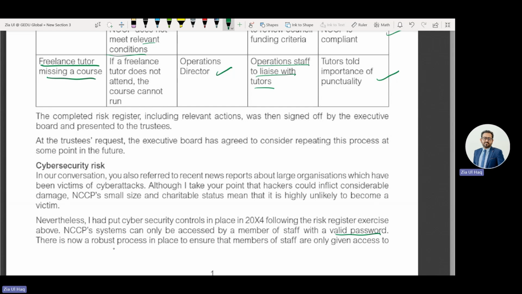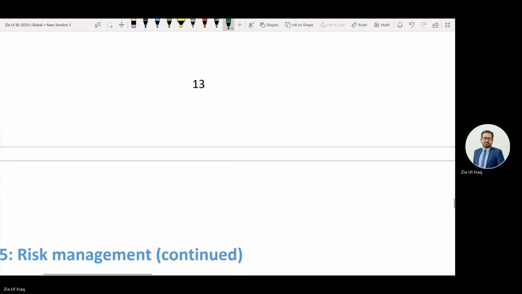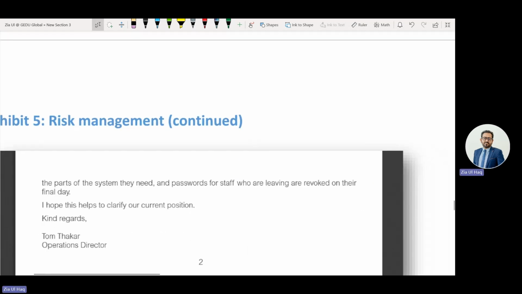There is now a robust process in place to ensure that members of staff are only given access to the part of the system they need. The passwords for staff who are leaving are revoked on their final day so that they should not be able to access the system after leaving the organization. I hope this helps to clarify our current position. Kind regards, Tom Tucker, Operations Director.